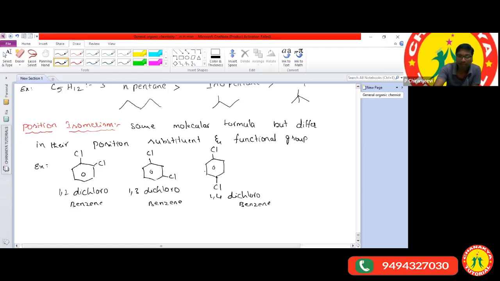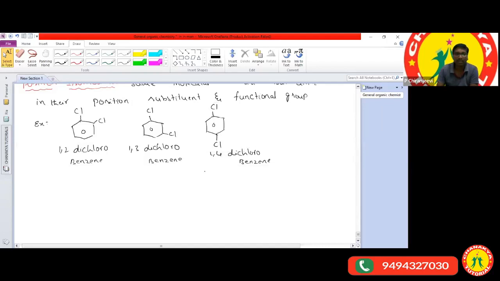I'll give one more example. What is another example? I simply wrote a structure like this. Can we consider these two structures as positional isomers?